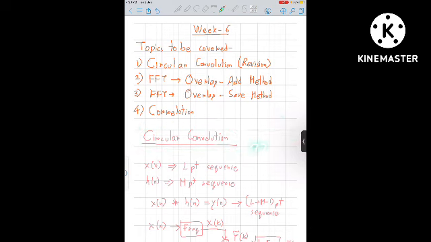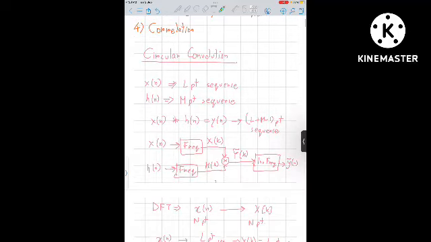Last time we talked about a signal x[n] which is an L-point sequence, and h[n], our filter coefficients, which is an M-point sequence. When we do x[n] convolved with h[n], we get y[n], which is an L plus M minus 1 point sequence.